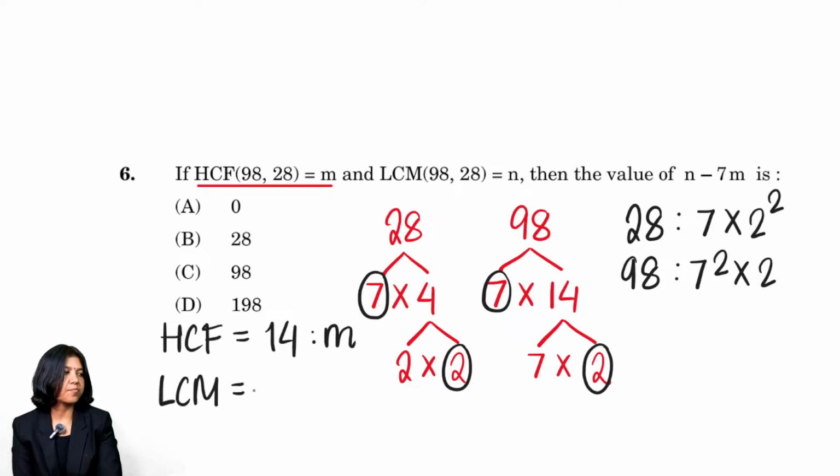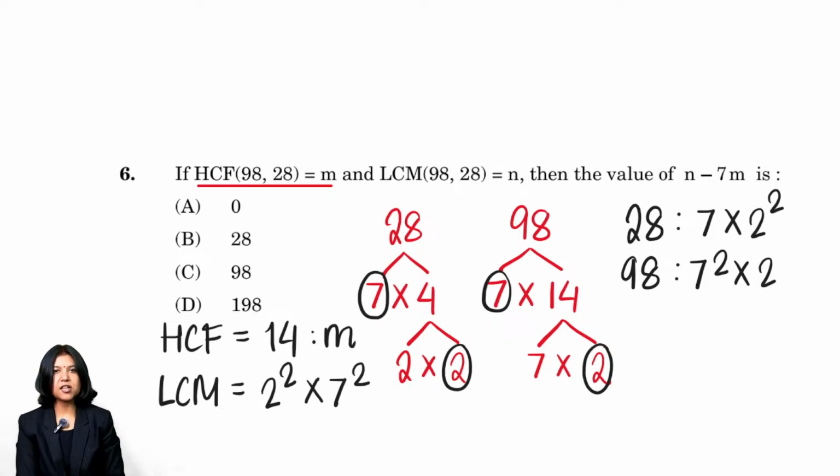So the higher power is 2 squared, and you multiply it with 7 squared. You take the higher powers for both prime factors. Had there been more prime numbers, I would have multiplied those too, but because I just have 2 and 7, I'll just multiply them. 2 squared is 4 and 7 squared is 49. 4 times 49, how much is that?